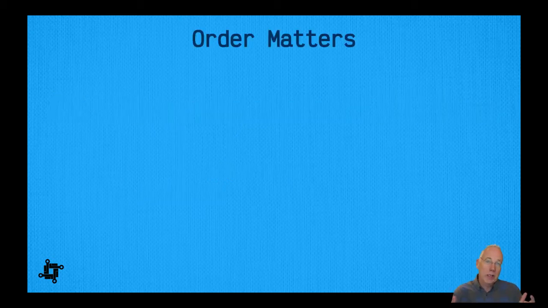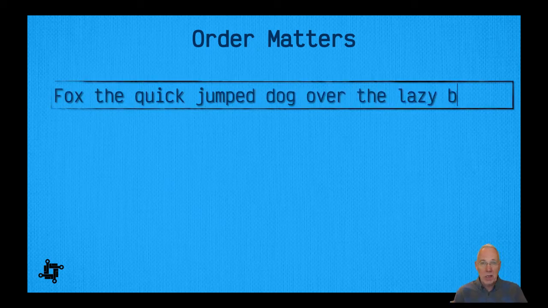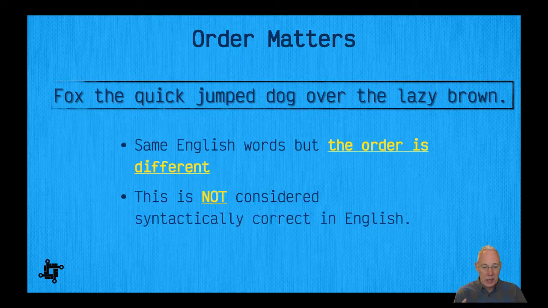So let's look at an example of order matters. So here's a new sentence. Basically, it's the exact same words we had before, but I've switched the order. So now it says, fox, the quick jumped dog over the lazy brown. Exact same words, but the order was mixed up. And so from this, we understand that the same English words, but with a different order, mean something different, or in this case is grammatically incorrect.